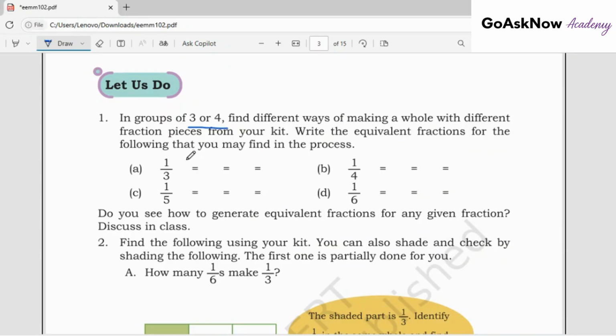We have to find the equal fractions. 1 by 2, then 2 by 4, 3 by 6, 4 by 8.